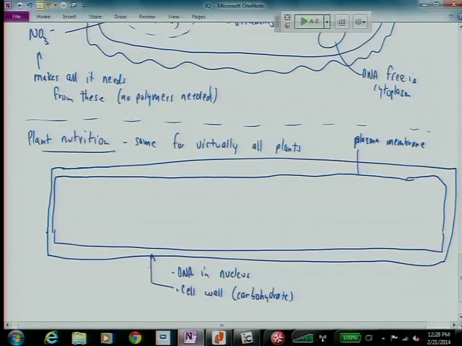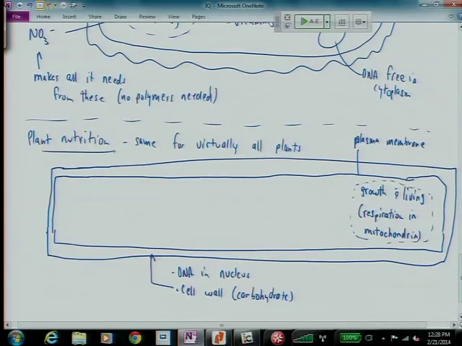So how do these guys make a living? They've got to do growth and living, just like everybody else. And as a note, the respiration is in mitochondria. They do respiration, and they have mitochondria.